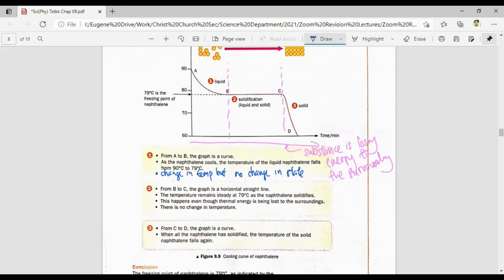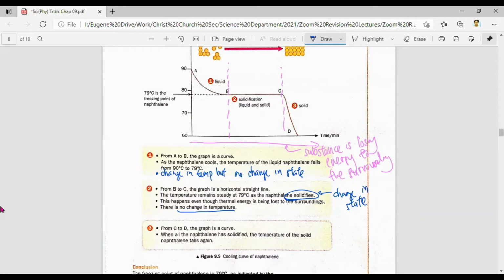From B to C, there's a horizontal straight line, which means that the temperature remains constant. What's happening is that now there's a change in state, but there's no change in the temperature. So first part, change temperature, no change state.